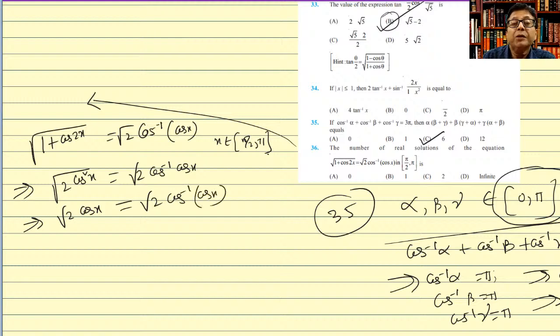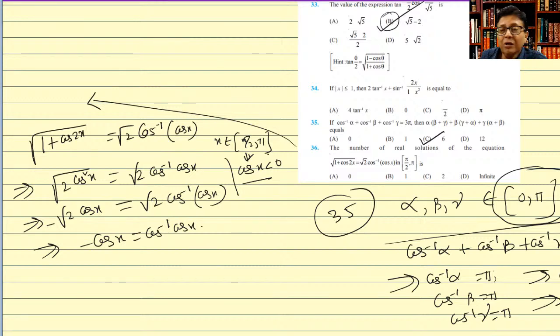Yes, because cos x in this interval is less than 0, so you should write minus, then only minus minus is plus. So minus cos x is cos inverse cos x. My God, I got this thing. How to solve it? This equation, how to solve?